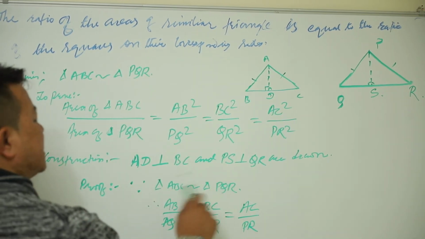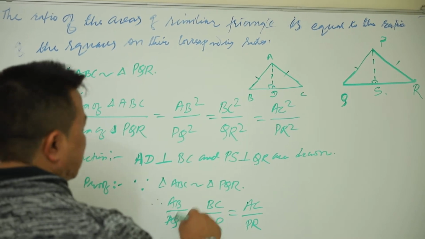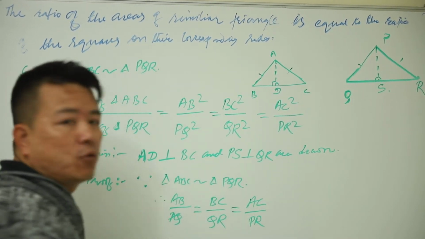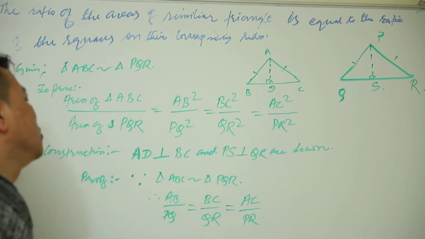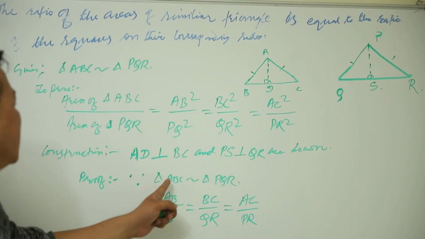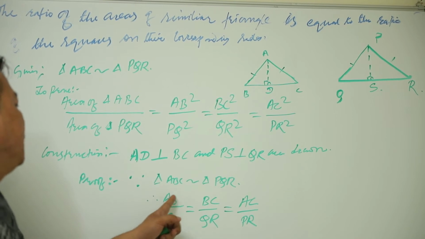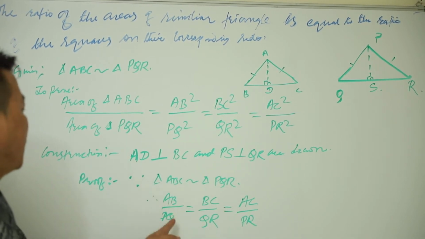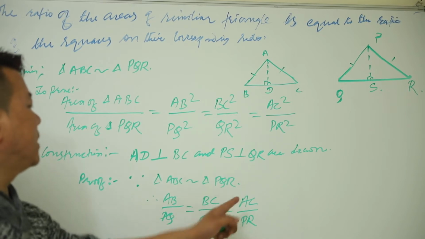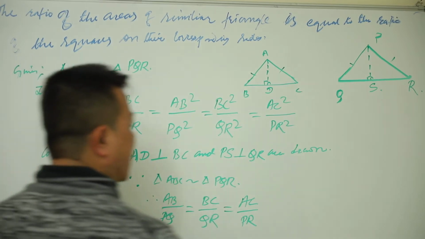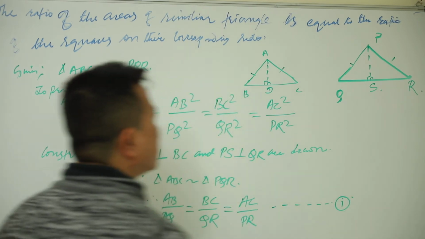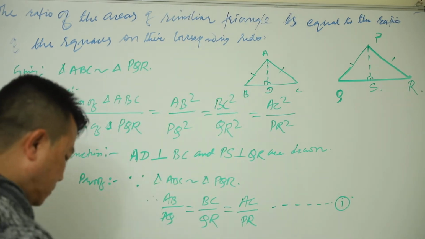When two triangles are similar, the ratio of their corresponding sides is equal, which we have already proved. Mark it as equation number 1.